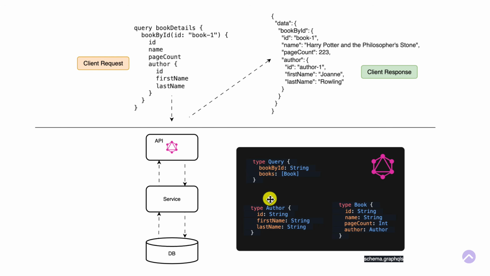So we have author in here with all of these fields: ID, and then first name, last name. And we also have a book in here, which has an ID, name, page count, and then author in here, which references this type in here. All right. So basically the schema is just a file that contains what the client can query, including all of the fields for the types themselves, right? Cool. So let's break this down step by step, and then you'll see how all of this works.